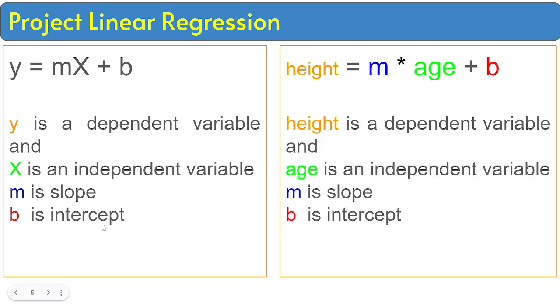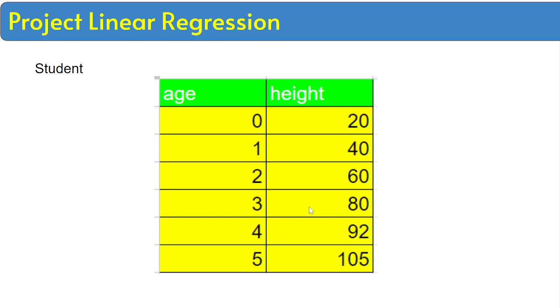For my project, I have taken a project where there are two variables, height and age, where age is the independent variable and height is the dependent variable. m is the slope as usual and b is the intercept. So I have taken a data set of the age of the student.